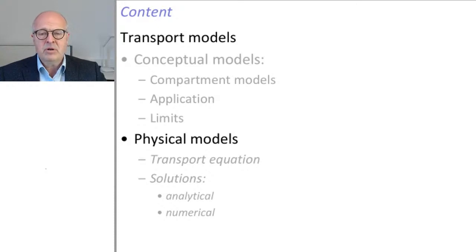These models are solutions of the transport equation. Now we have the transport of water, which for groundwater is described by the Darcy equation. But when water is transported, because of the geometry of sediments and pores, there is also an additional transport and mixing of solutes.